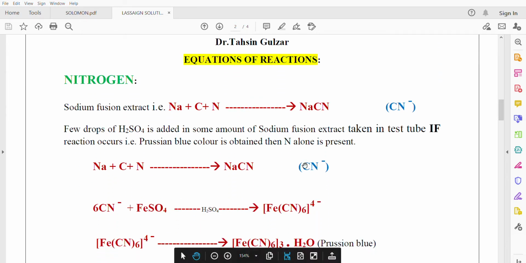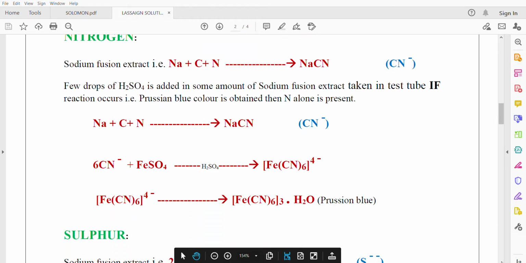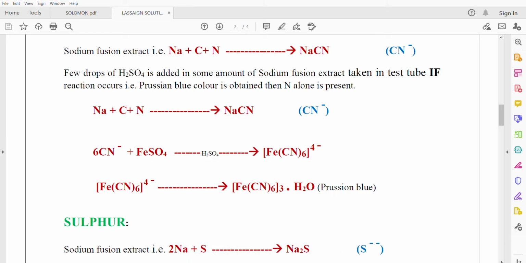You will write this first: cyanide will react with ferrous sulfate. Here, after adding sulfuric acid, you will put ferrous sulfate, and the Prussian blue color of this complex is formed.